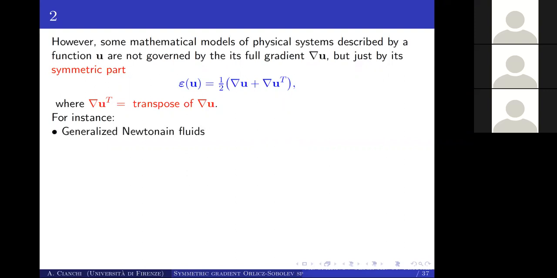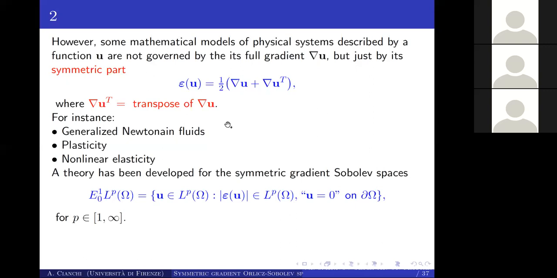This is the case when one deals with fluid dynamics, and in particular generalized Newtonian fluids, where nonlinear phenomena come into play, or even in the description of plasticity phenomena or nonlinear elasticity.